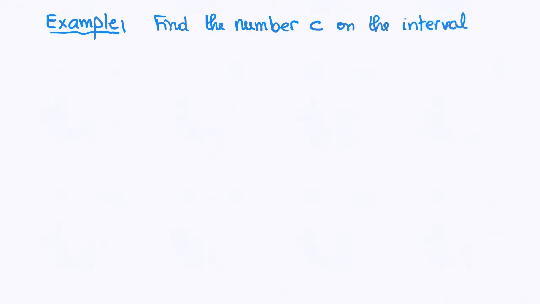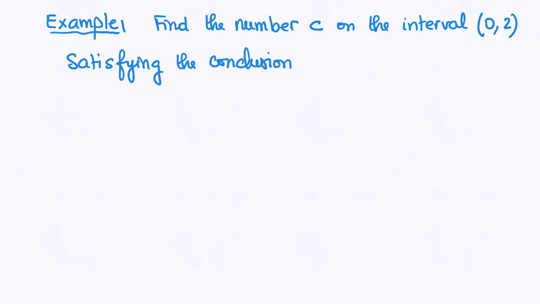So example number one, find the number c on the interval 0 to 2 satisfying the conclusion of the mean value theorem for the following function.